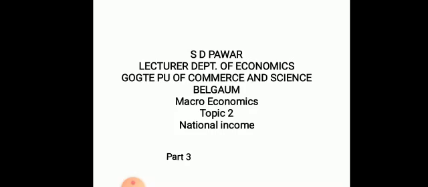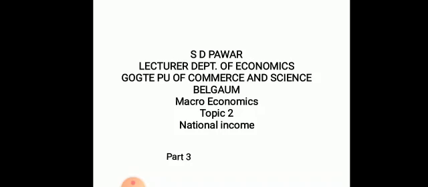So in this circular diagram we find three methods of calculating, or estimation of, national income. That is the product method, where the firms are producing the goods and services.